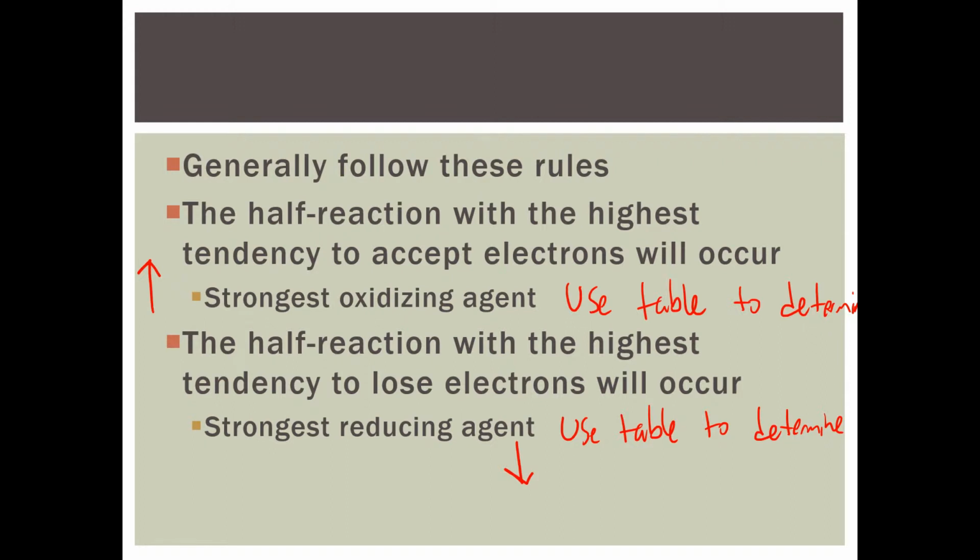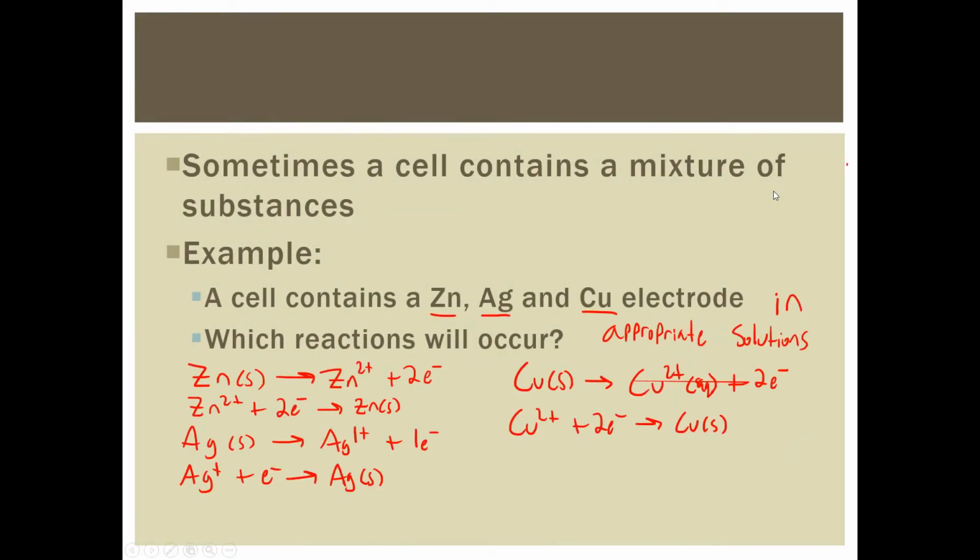So if I go back to here in this example, this is an oxidation, this is a reduction, this is an oxidation, that's a reduction, this is an oxidation, that's a reduction.